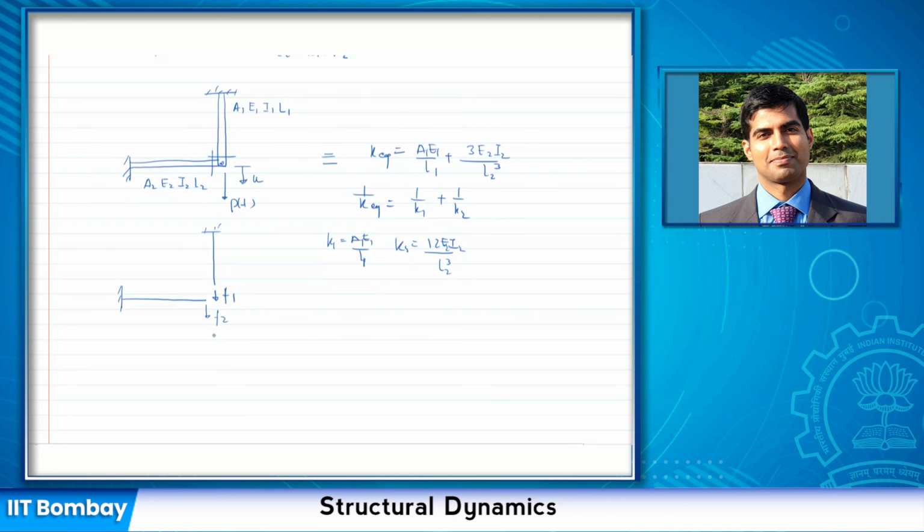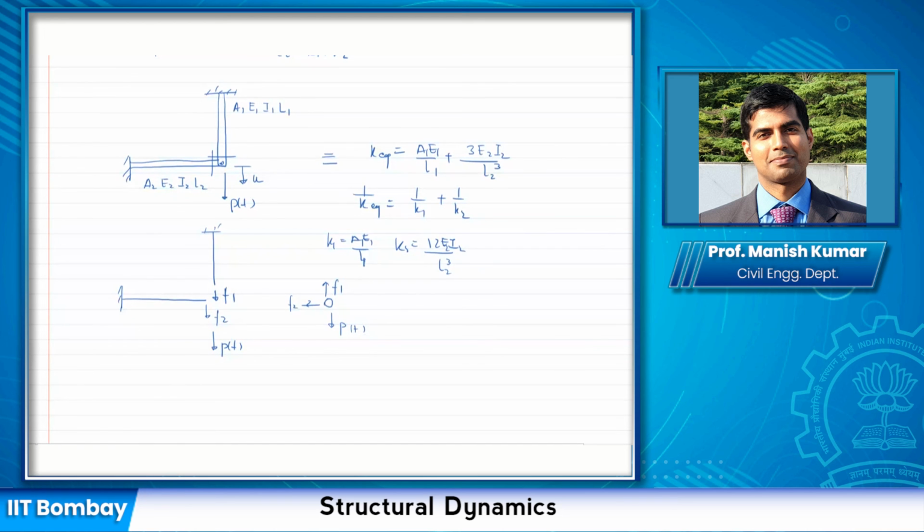The total force is PT. Considering equilibrium of this joint, it would apply equal and opposite force, and this is PT. Not in this direction, sorry. For the lateral deflection of the beam, it would be in this direction. So I can say F1 plus F2 is equal to PT.